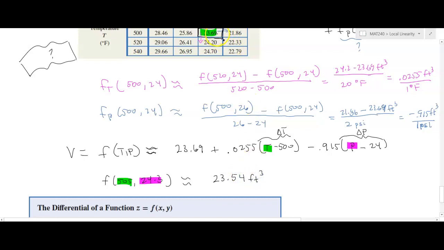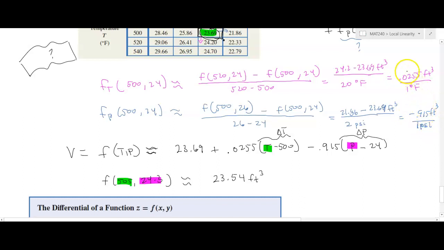Now let's see how reasonable that is. Well, first of all, 23.69 was our exact volume for 500 degrees and 24 pounds of pressure. We increased the temperature by 5 degrees, and so we know that we get an increase in volume for every 1 degree, but then we increased the pressure by 0.3 pounds per square inch, and every 1 pound per square inch actually reduces the volume.